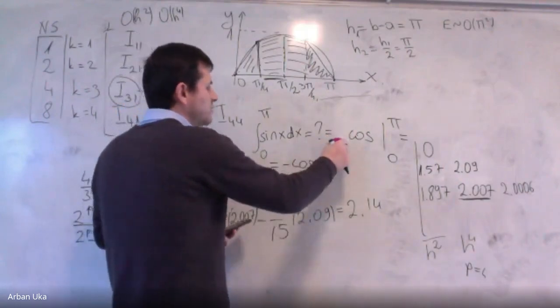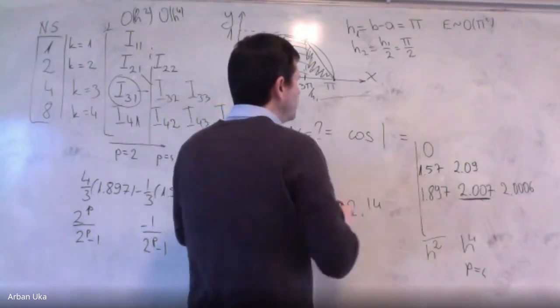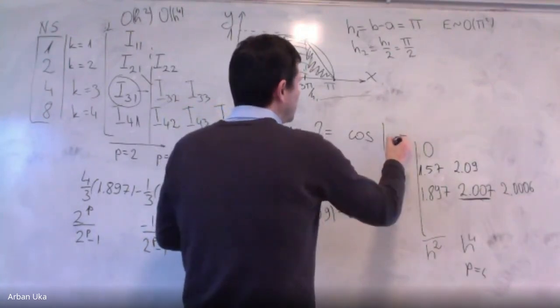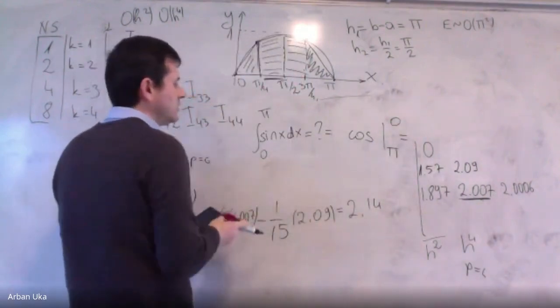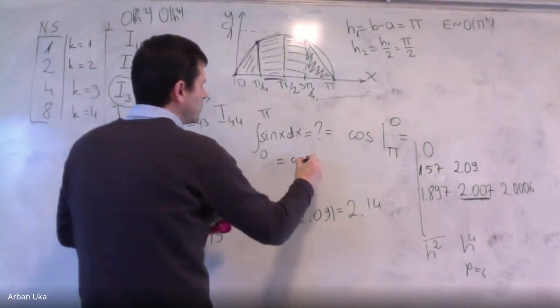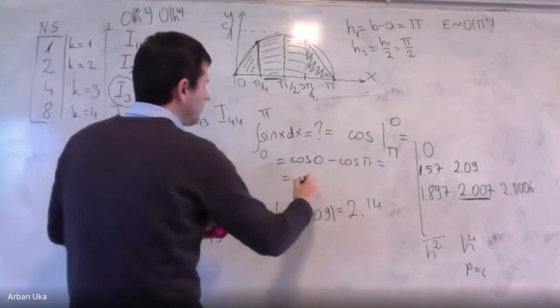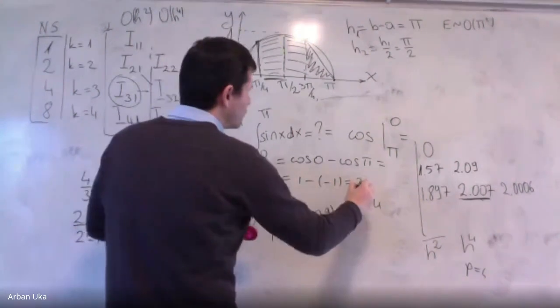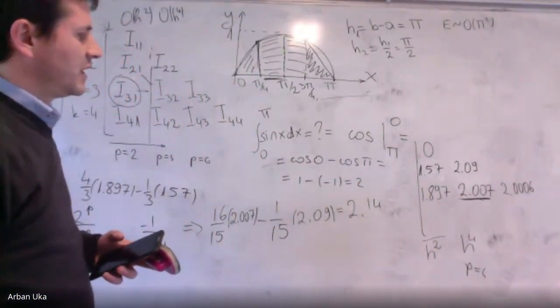I always make this plus and change the signs of the integral. So I keep it cosine, and I do it from pi to 0. So here we have cosine 0 minus cosine pi, which is 1 minus minus 1. So this is 2. You are correct, that's 2. So the correct value for this integral is 2.